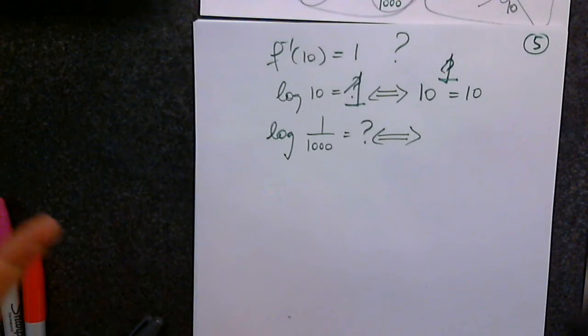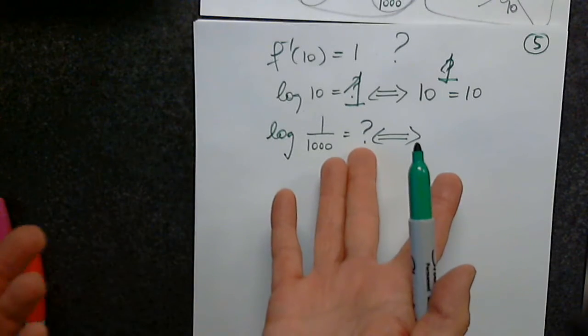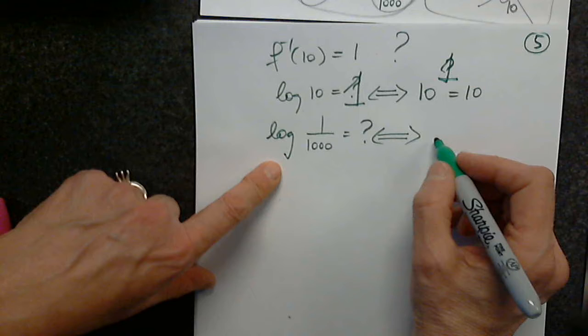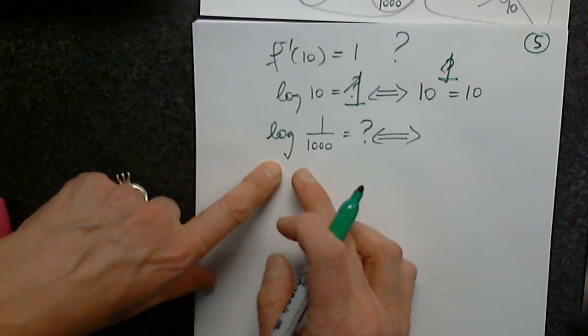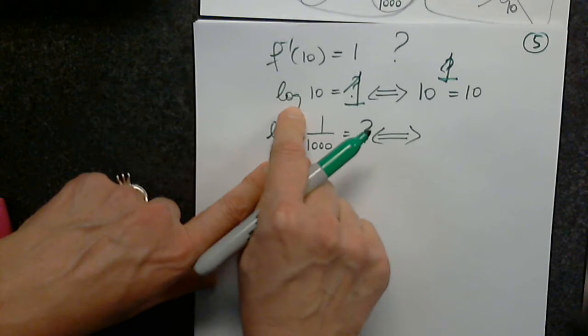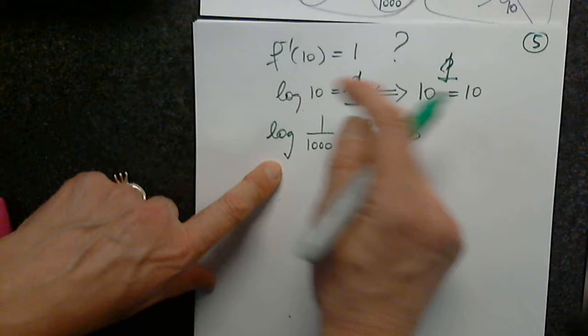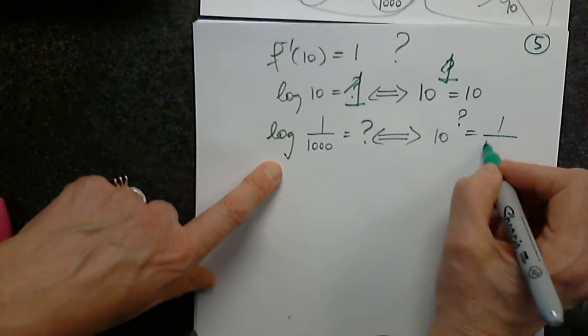So how do I convert this logarithmic equation with whatever number? You can put y, a, b, c, whatever you want here, doesn't matter. So I will say the base 10 raised to this number equals this number. So 10 raised to a number equals 1 over 1,000.